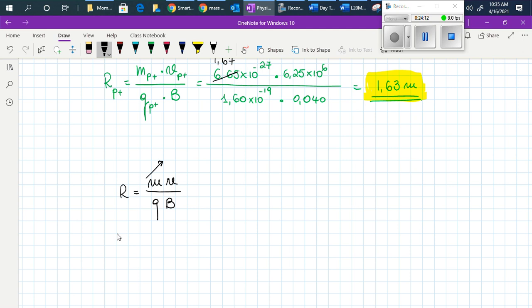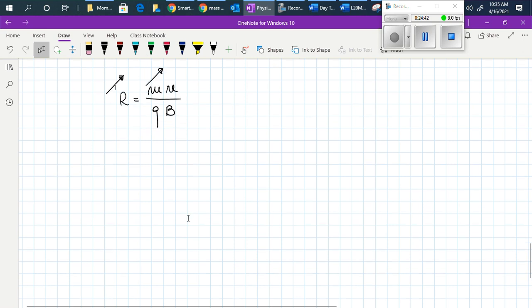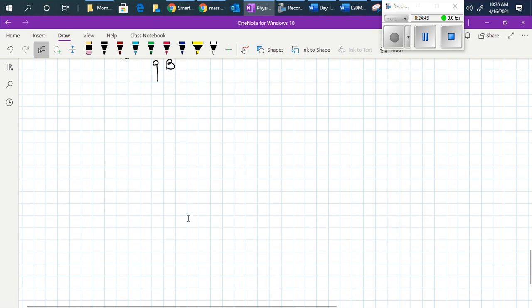So when the mass is increased, the radius is proportionally increased at the same rate. Just keep this in mind when you are looking for the radius of a particle.